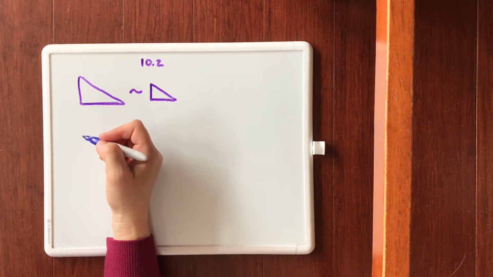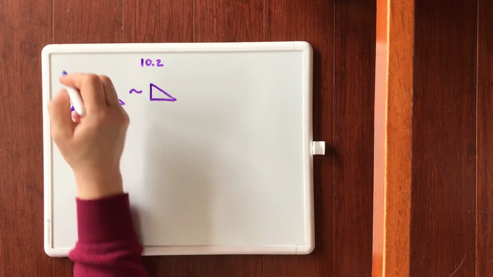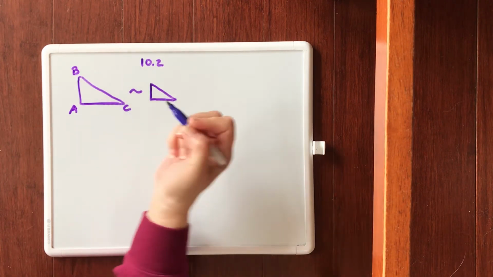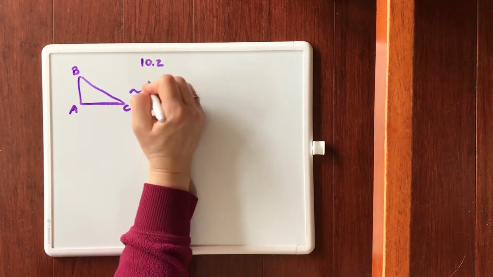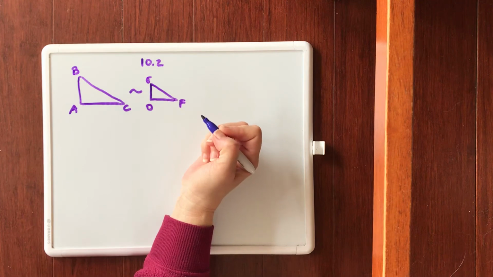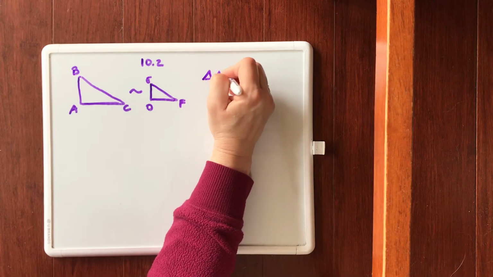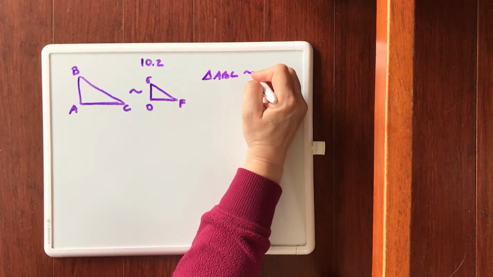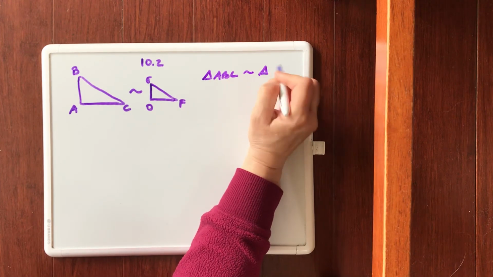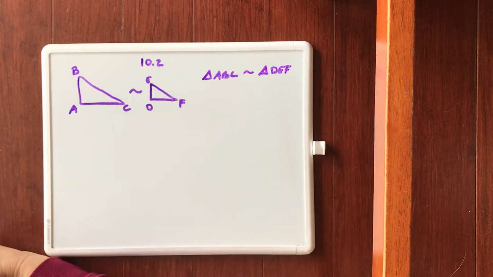Okay? So I'm going to label these A, B, C, and this is D, E, F. All right? So I'm going to say triangle ABC is similar to triangle DEF. Okay?